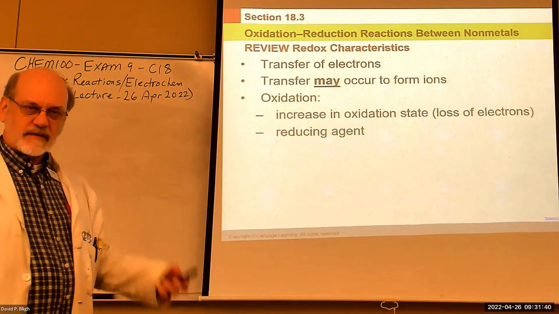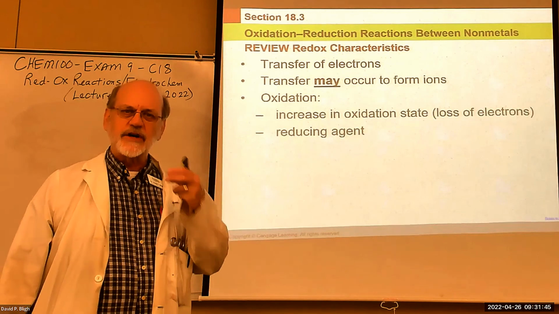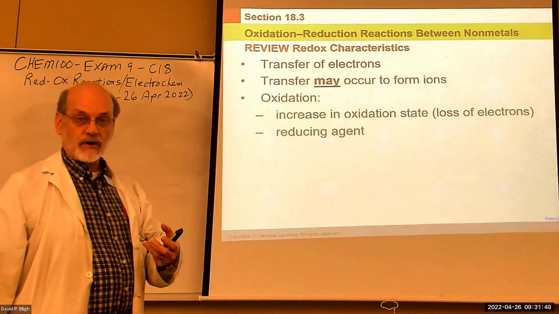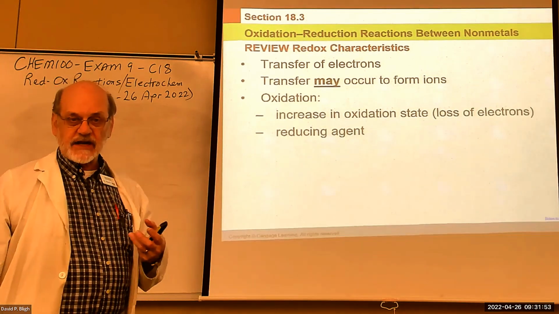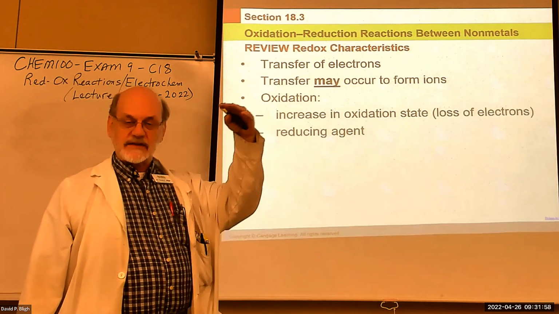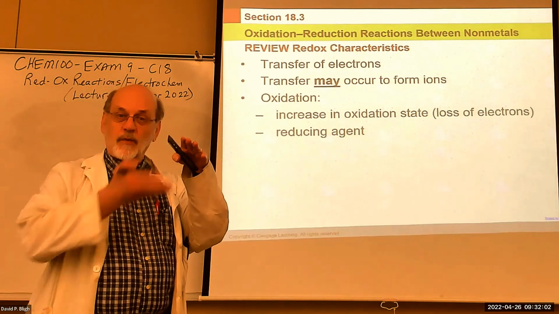And oxidation is loss, OIL. Oxidation is loss, which does what to the oxidation state, the oxidation number assigned to that state. You increase the oxidation state when you lose electrons. That means it becomes more positive. It may move from one negative to the next, but it's becoming more positive.